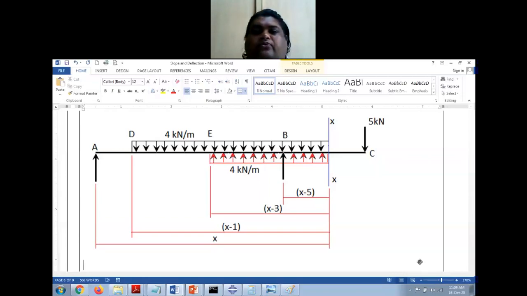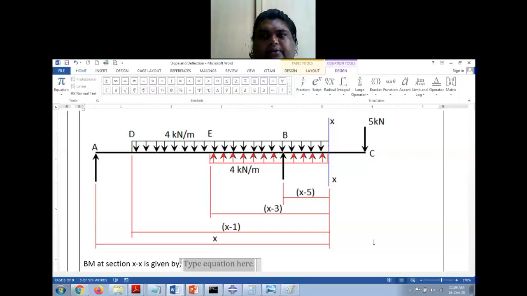Now what I have to do, first I will find the bending moment at this section XX. It is given by, okay, let me call this as Mx. This is capital M and x, and this is equal to, now I am taking moment about this section, so I'll start from here. So this is upward, so this will be positive.